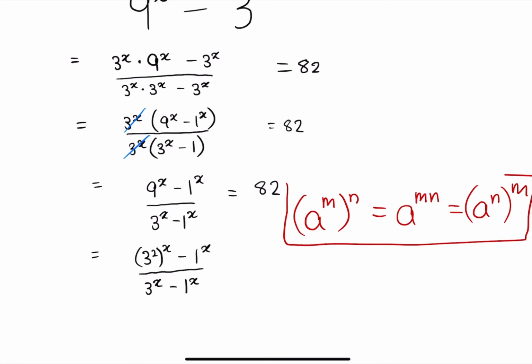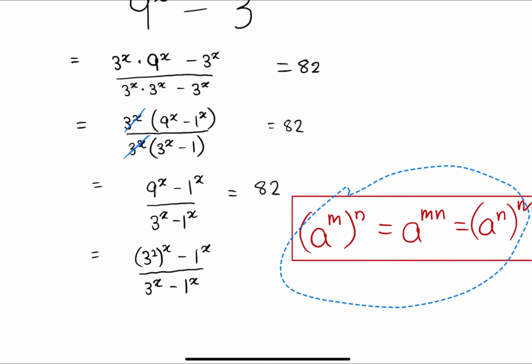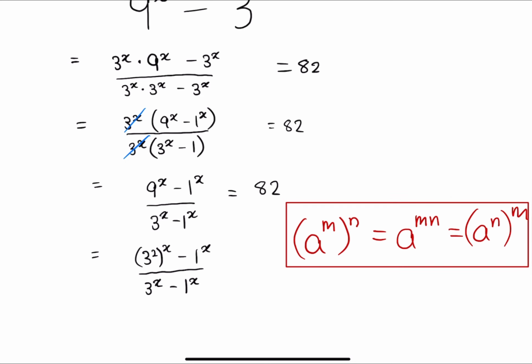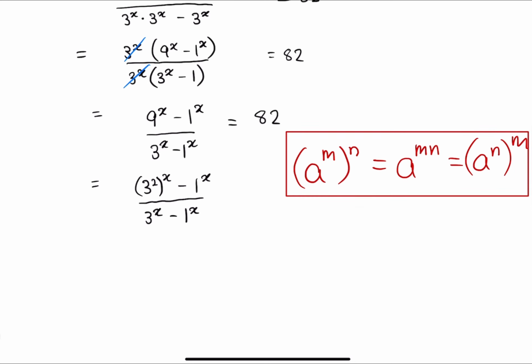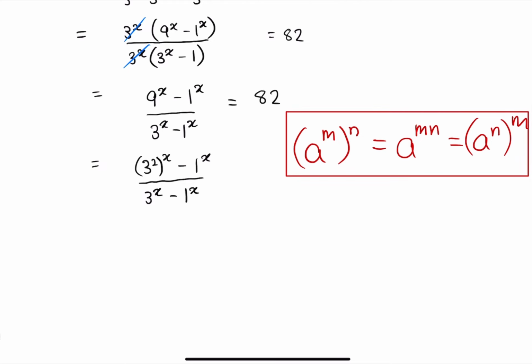So we are going to apply this rule on our 3 squared to the power of x, and write it out as 3 raised to the power of 2x. And since 1 raised to any power is the same thing, we're going to write that out as 1 raised to the power of 2x. So this is our fraction now.